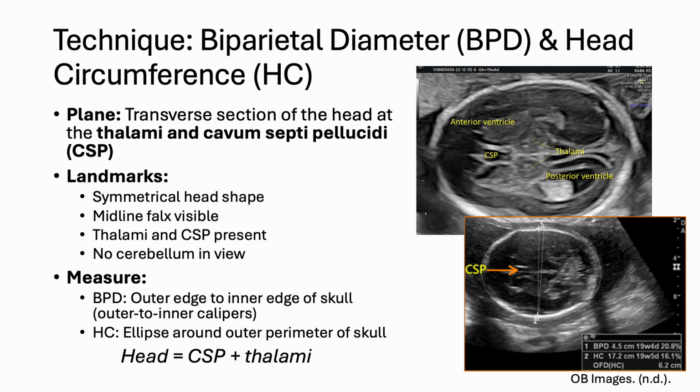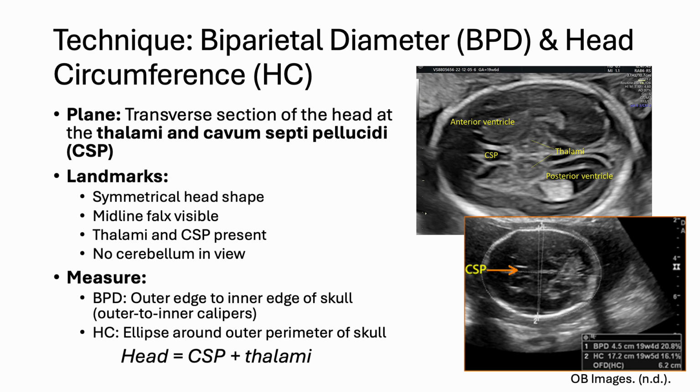So the technique for doing this, you want to get a transverse section of the baby's head at the point where you can see the thalami and the cavum septi pellucidi. In this image, you can see the thalami and the CSP, and in the image below that, you can see that they are measuring the BPD and the head circumference while correctly identifying those structures.